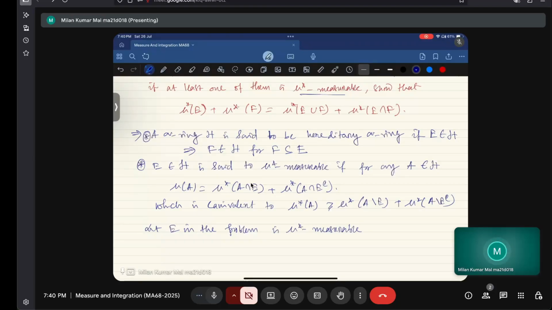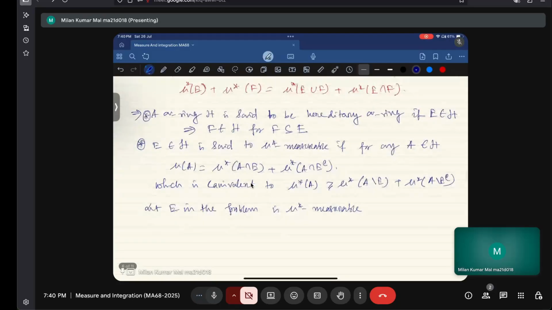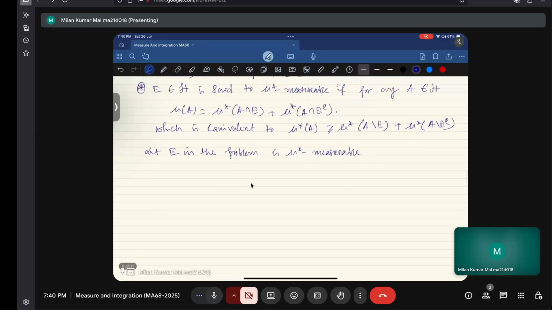If we choose A equal to E union F, this is what we know.